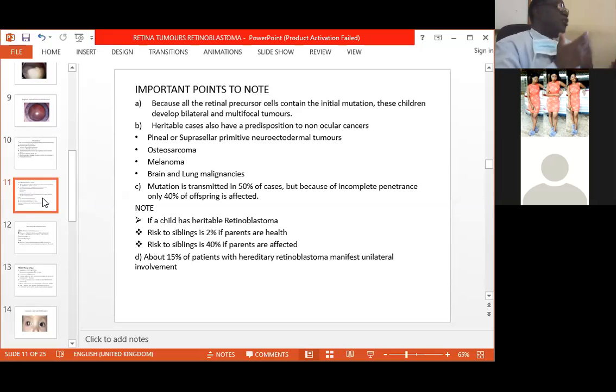Apart from having the retinoblastoma, which is an ocular tumor, those that are predisposed may also have other tumors, not necessarily ocular. Tumors like osteosarcoma or melanoma or brain and lung malignancies may also be associated with an individual having a retinoblastoma.